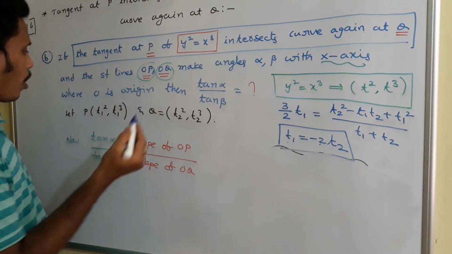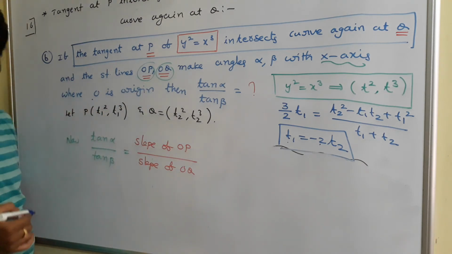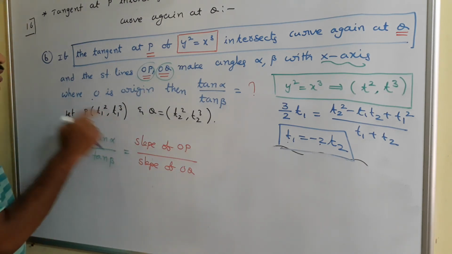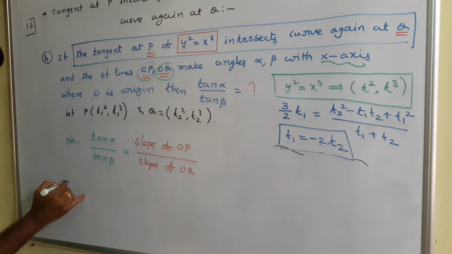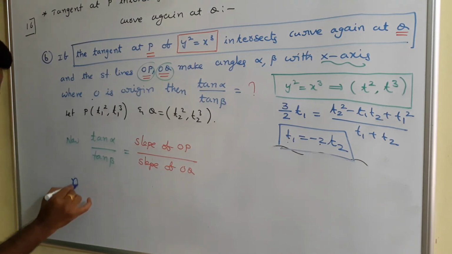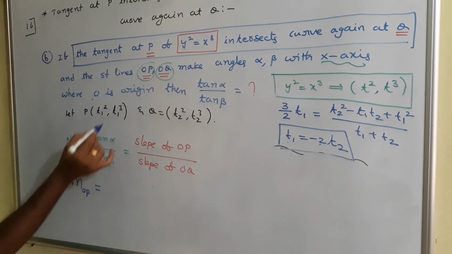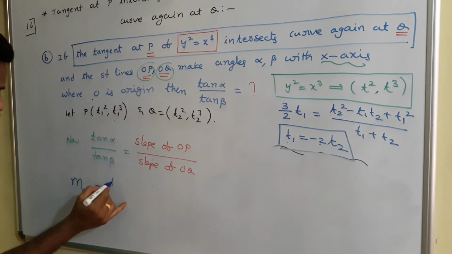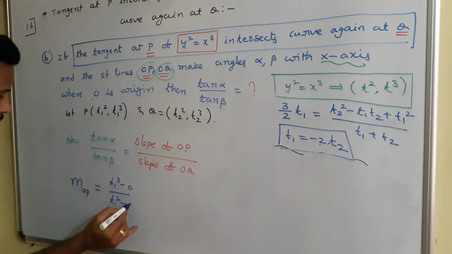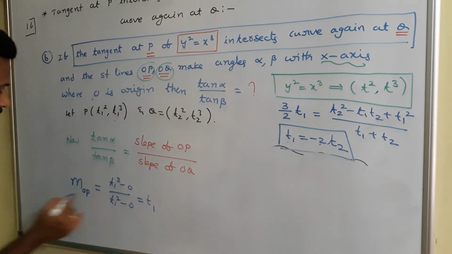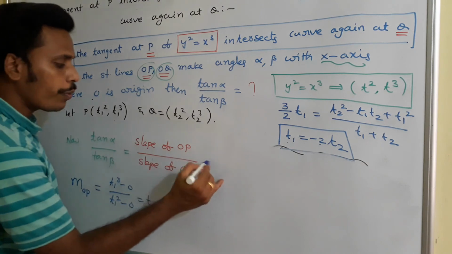O is the origin, 0, 0. P is t1 square, t1 cube. So you just calculate the slope of OP: m of OP is y2 minus y1 by x2 minus x1, that is t1 cube minus 0 by t1 square minus 0, and you will get t1. So the slope of OP is t1.